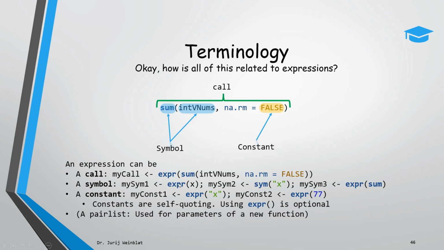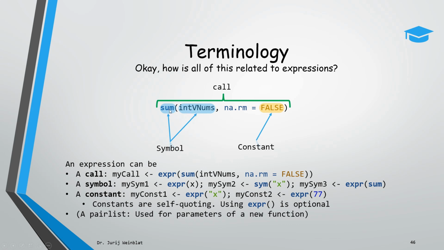So you see that, for instance, you could just write expression of sum in order to create this function as an expression and to refer to it, for instance, using the bang bang operator. And you can also create the object as a symbol and write expression of infnums.